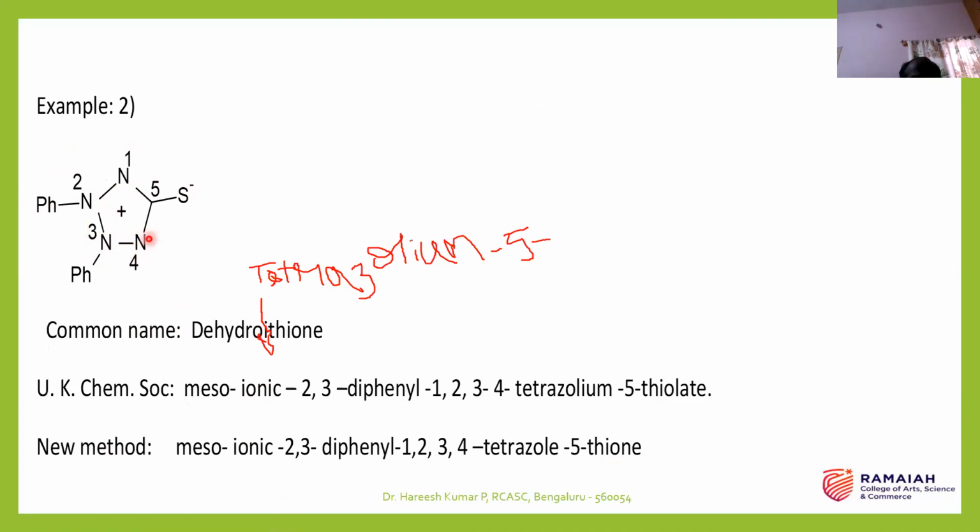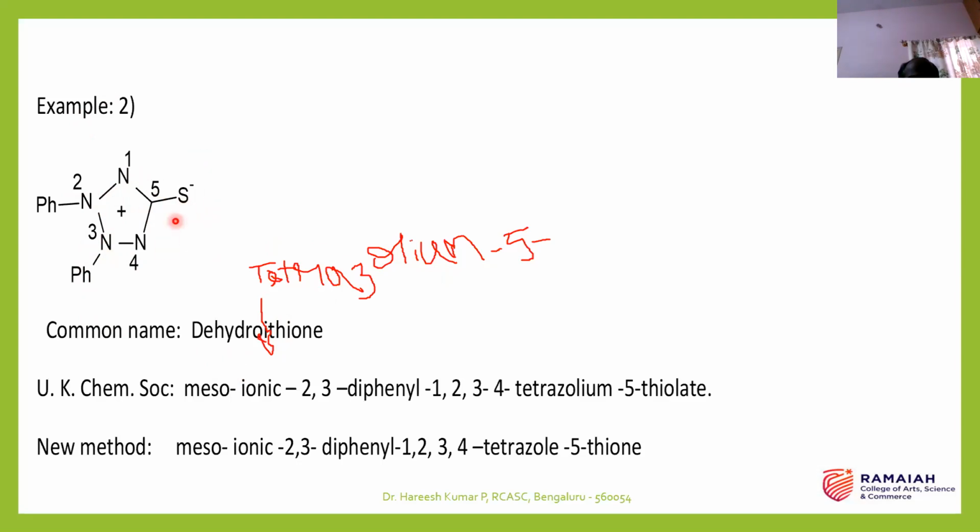But the trivial name includes dihydro. Why dihydro? Because in 2,3-dihydro there is no double bond; the hydrogen is replaced with the phenyl group. Tetrazole, because four nitrogens are there, tetrazolium.